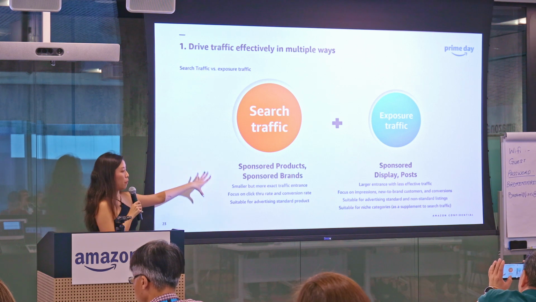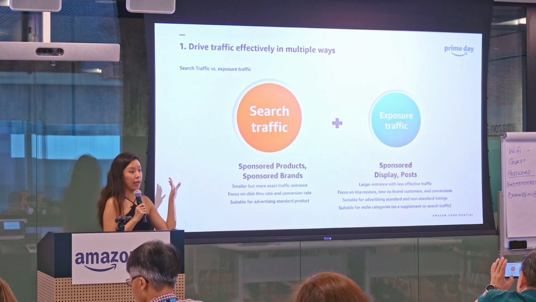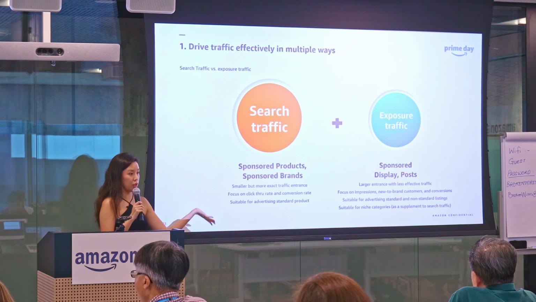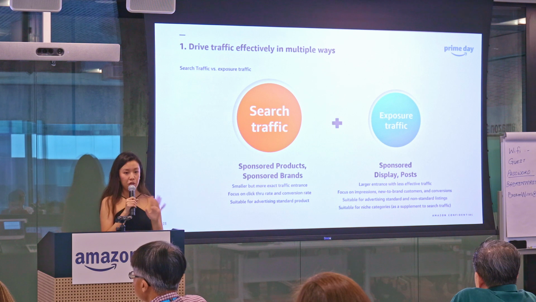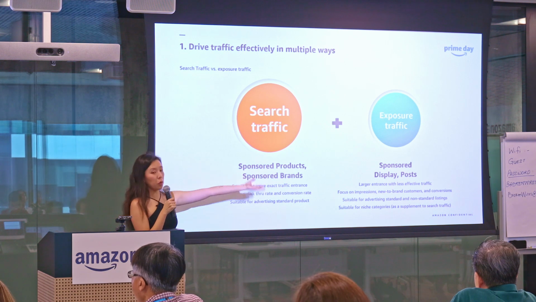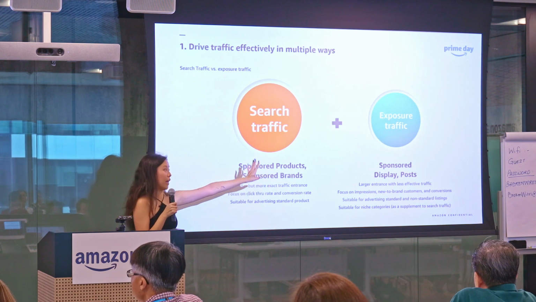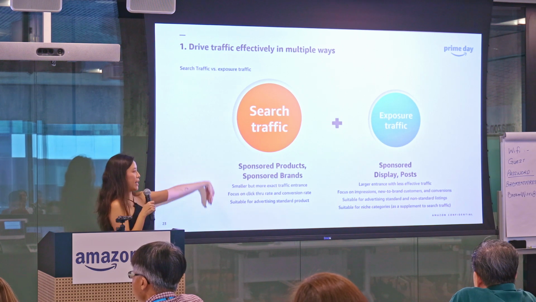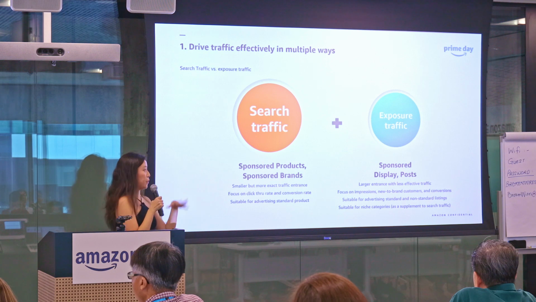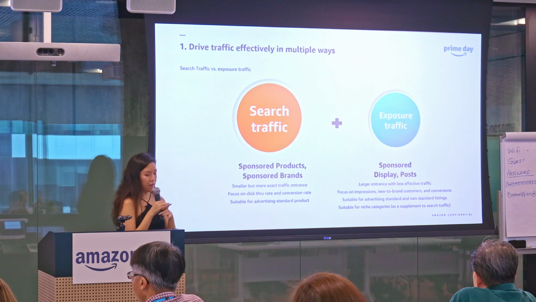You want to prioritize your different objectives. If you've launched a new product, or you're a pretty new seller, you might want to focus more on driving exposure first before Prime Day. And then once you've driven exposure, you can optimize again within your search traffic as well.